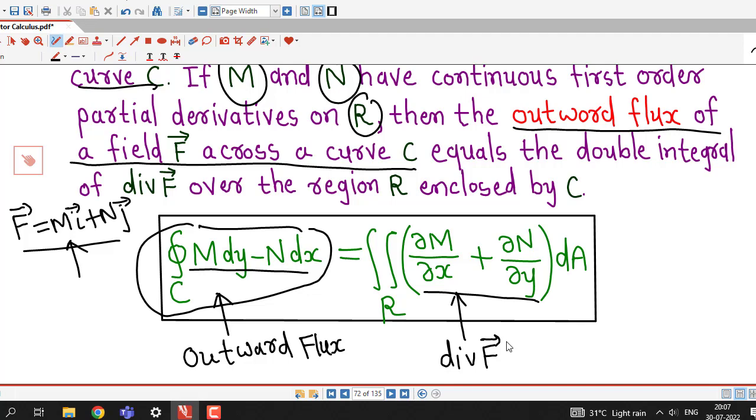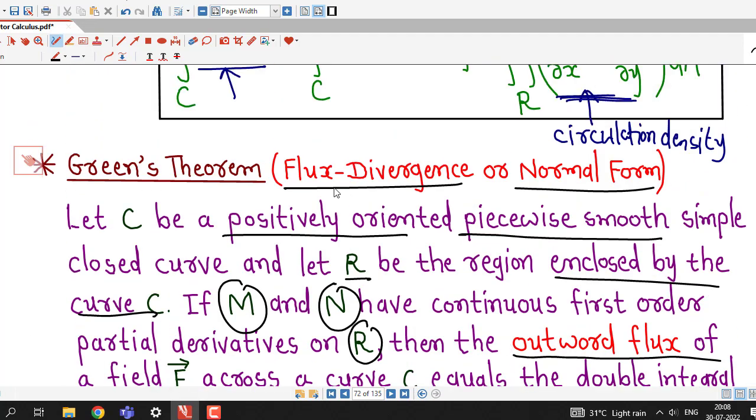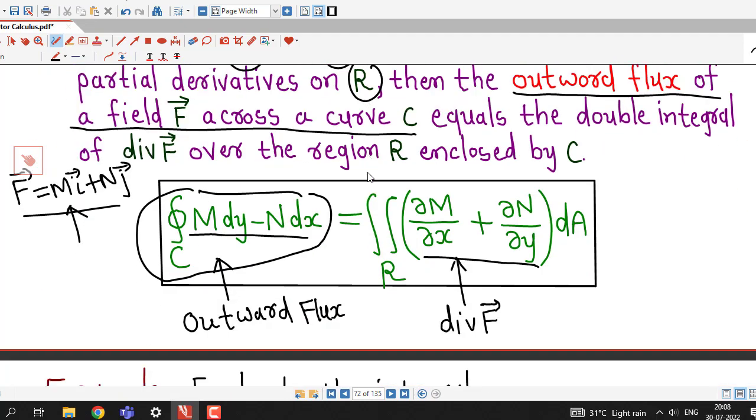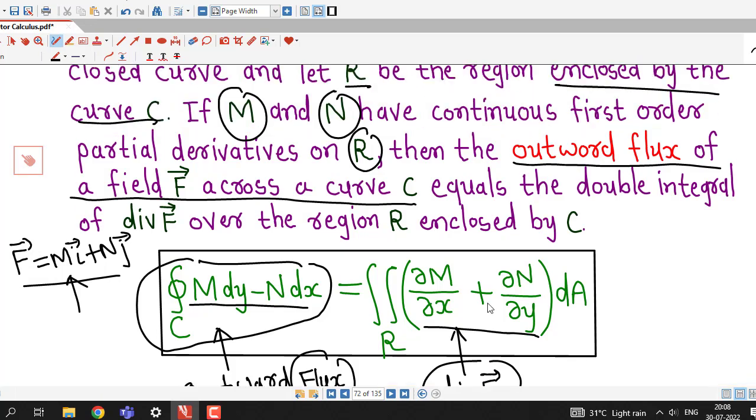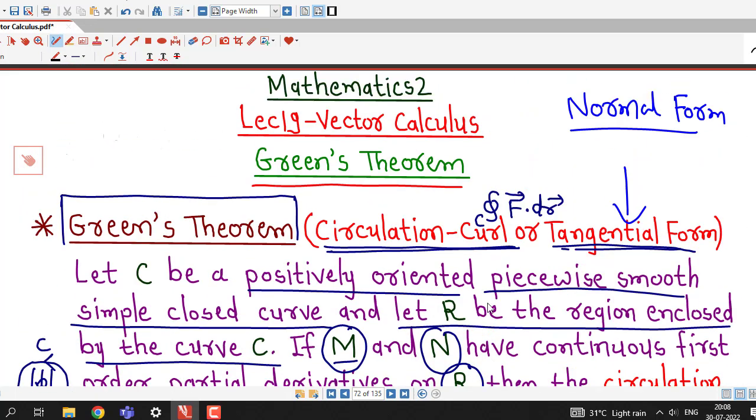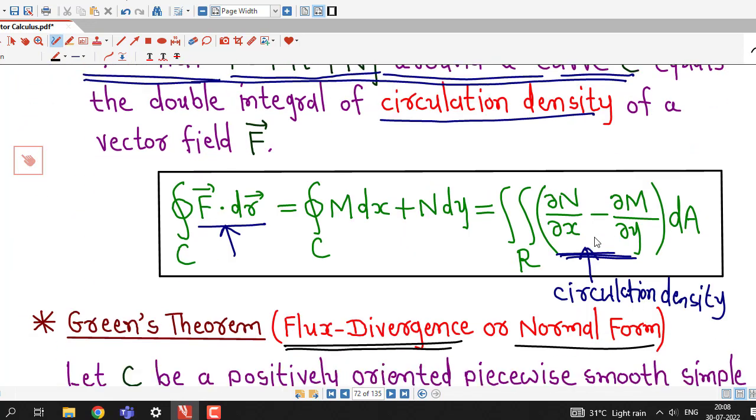So this is the reason that another name for normal form is flux divergence form, because here we are using flux and divergence. And similarly another name for tangential form is circulation curl form, because here the left hand side is circulation of a vector field, and this quantity del N by del x minus del M by del y is nothing but curl of a vector field f bar.